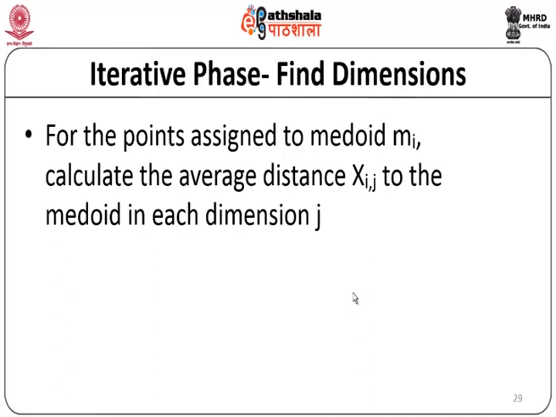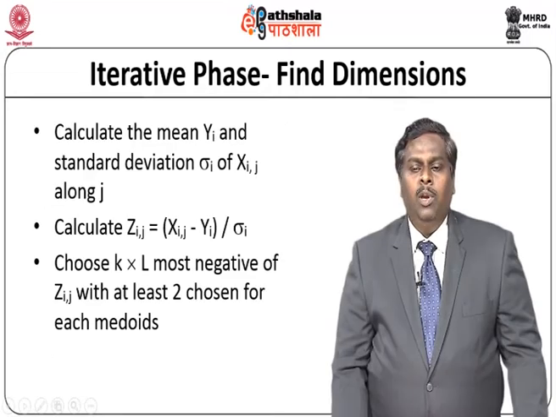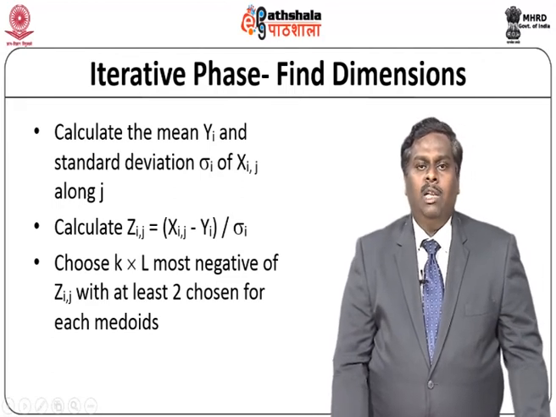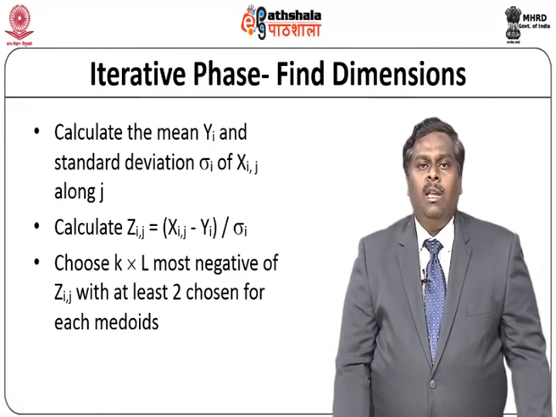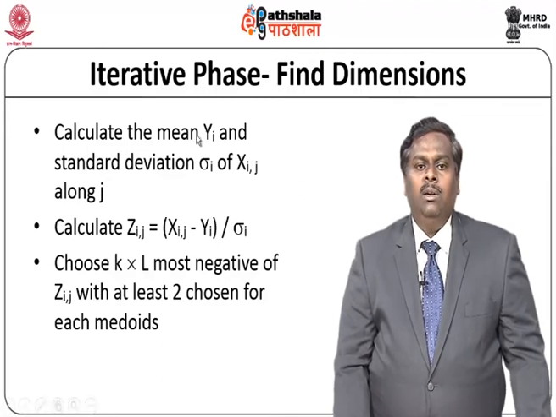Having identified the medoid and the points which are very close to the medoid, we will have to calculate the average distance of each and every point with respect to the medoid. So, once we have calculated for the medoid A, next you will have to calculate the distance of all the points within this cluster, which is going to be the distance with respect to the center of the cluster. Having calculated this distance, next we can calculate the mean and standard deviation along the dimension xij.